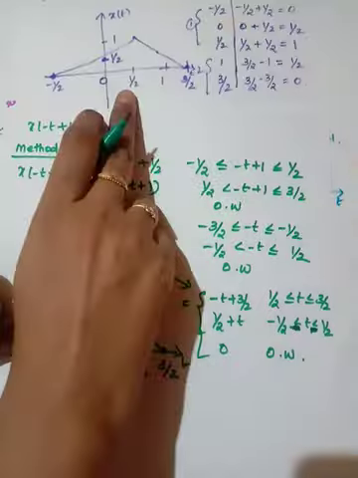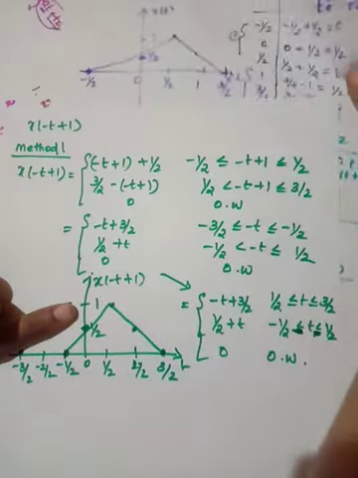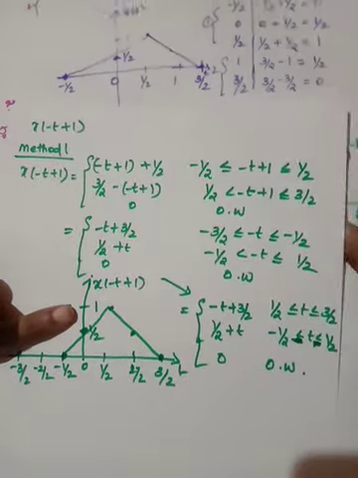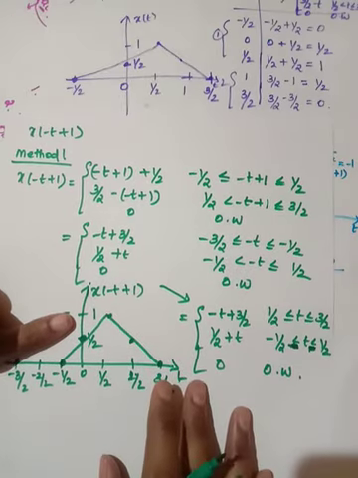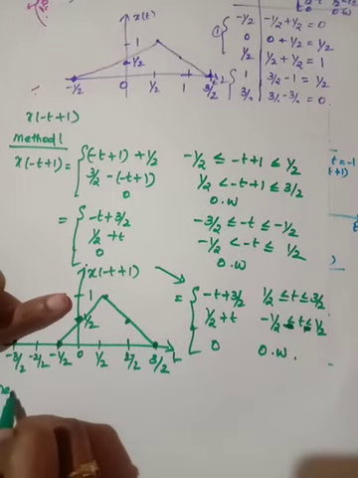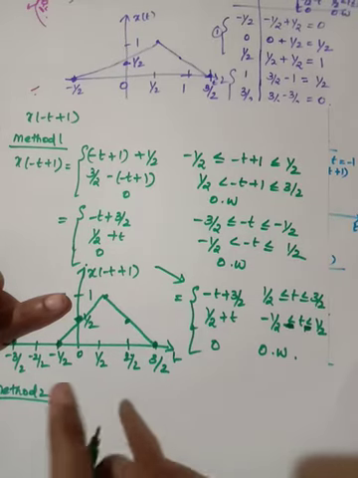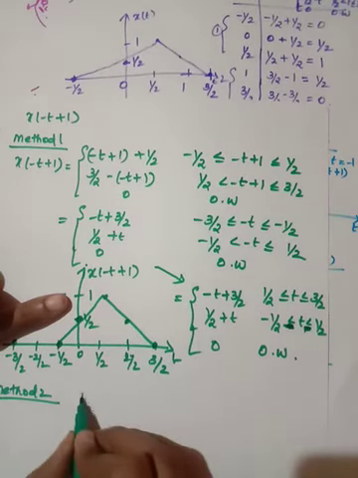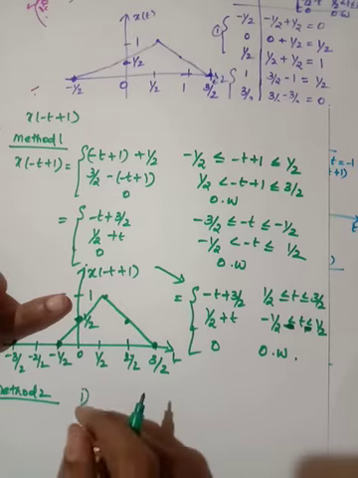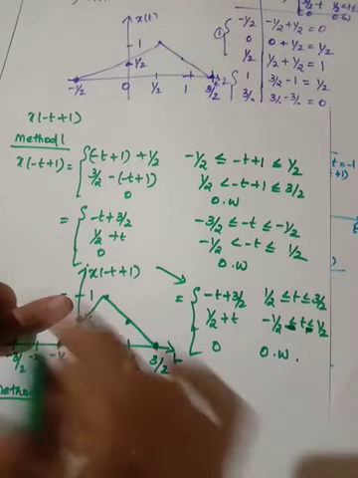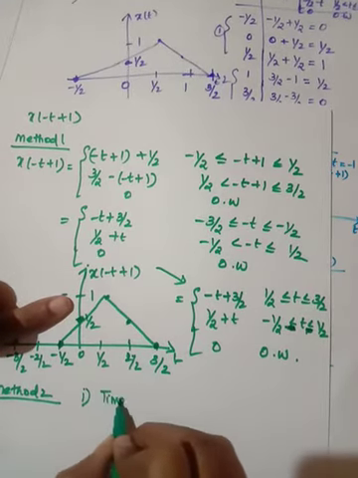Okay, now consider this one. I am going to do it using method 2, using method 2 alone. Now see what happens here. In method 2 we need to consider the priority. So what is the priority in method 2? First we need to perform time shifting.